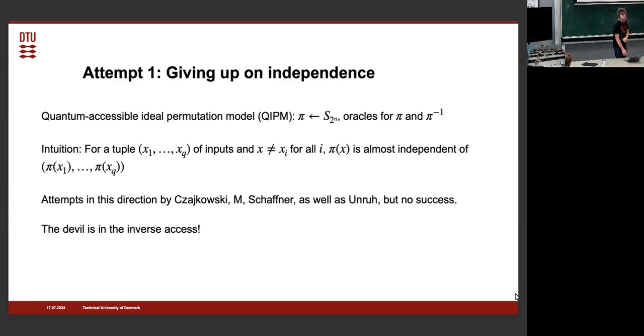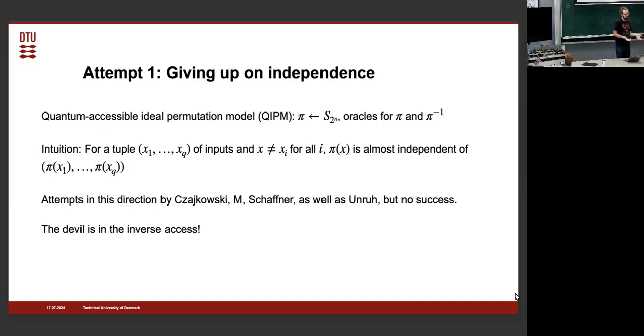And there were attempts made in this direction, including by myself and co-authors, but basically they failed. Yeah, and the devil is in the inverse access to the permutation. Usually we want to provide an oracle for the permutation and its inverse. And for one-way access only, this approach actually works.